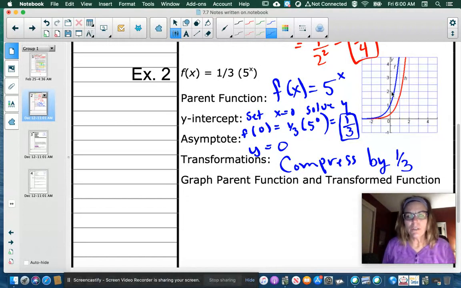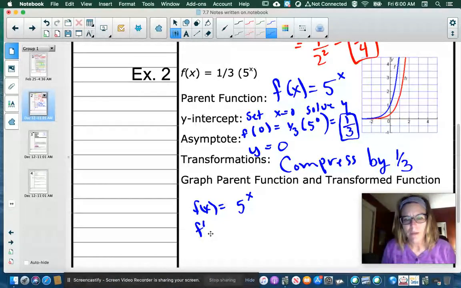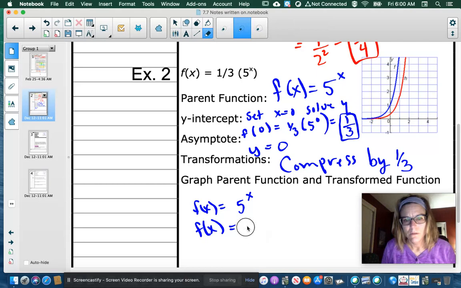And on our calculator, we're going to graph this. I want you to do this with me right now, please. We're going to graph the basic parent function, and then we're going to graph the 1/3.